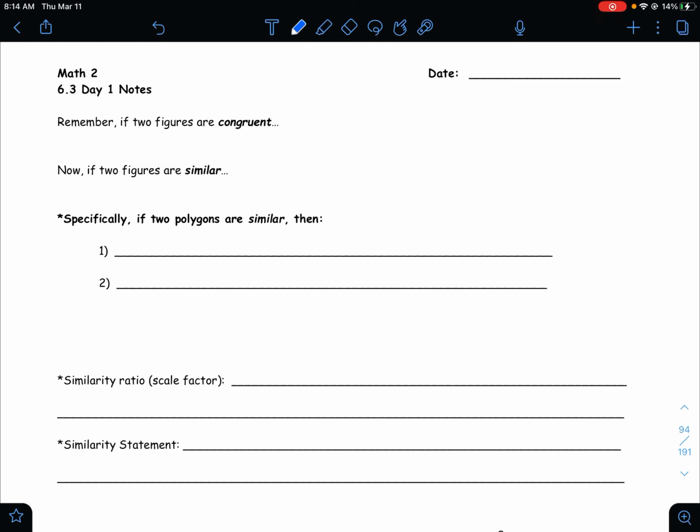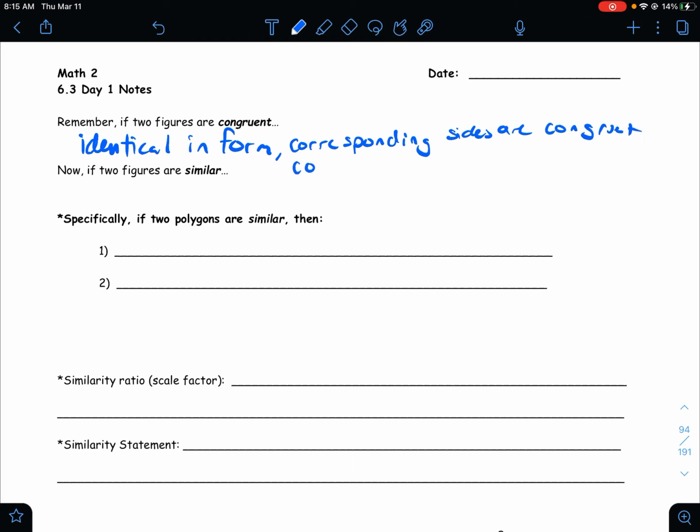So first, let's go over what congruent means. If two figures are congruent, that means that they are identical in form. And what that means is that their side lengths, the corresponding sides, are congruent, and their corresponding angles are congruent.